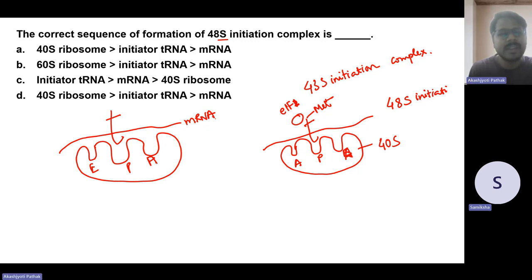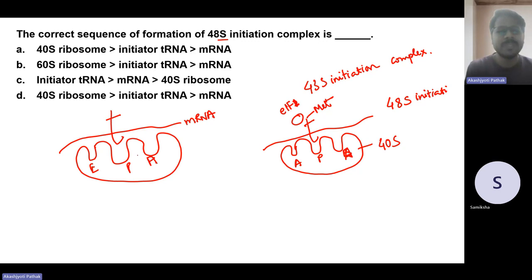I think I have to watch some other animations. Actually, you can go through a few animations which are present on YouTube. If you go through the animation, then it becomes easy to remember. Once you understand the picture and visualize it, it becomes easier, because these are very complex mechanisms.